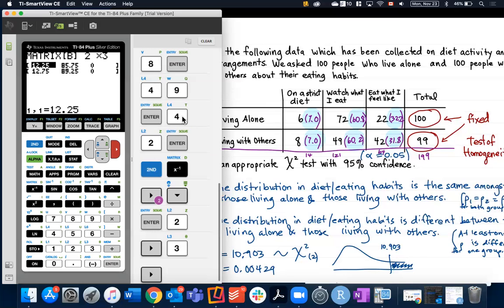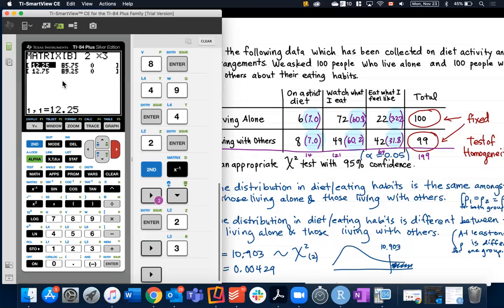Okay. So if the row totals were exactly the same in this case, what you'll find is that the proportion or the expected numbers will be the same in both of these rows. In this case, the 100 and the 99 are very, very close. So what you're noticing is the expected numbers are very, very close, though not exactly the same because they're slightly different numbers in the row totals.